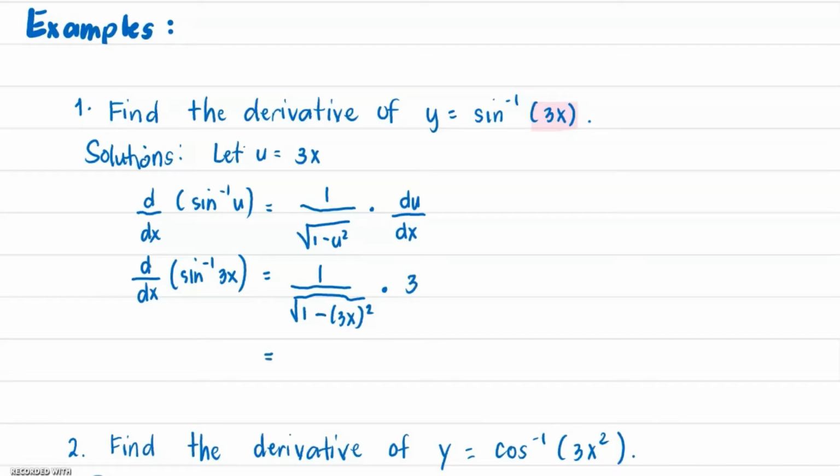So here, multiply, so we have 3 over the square root of 1 minus 3x squared, and that's 9x squared. That's already our final answer.